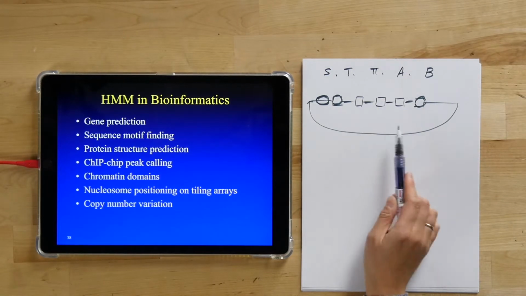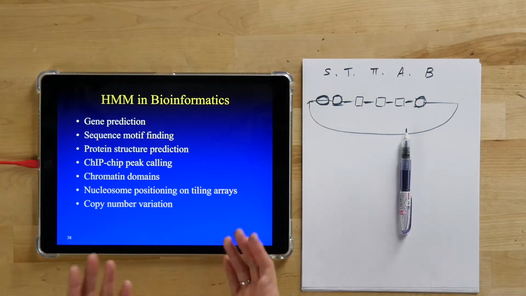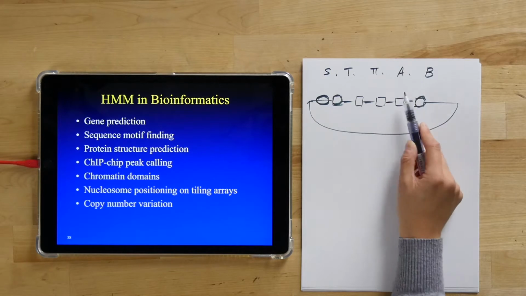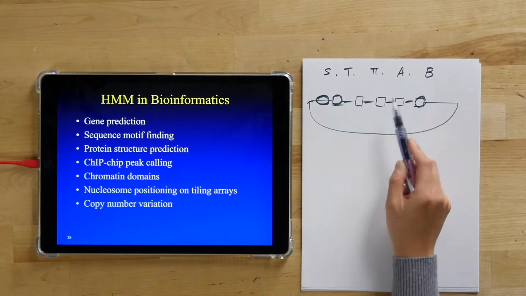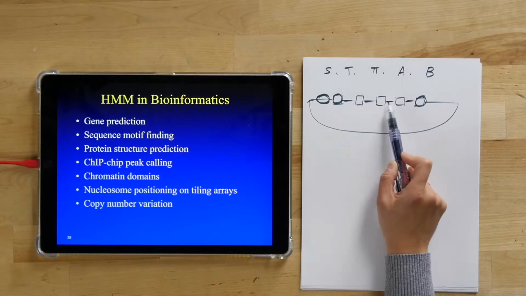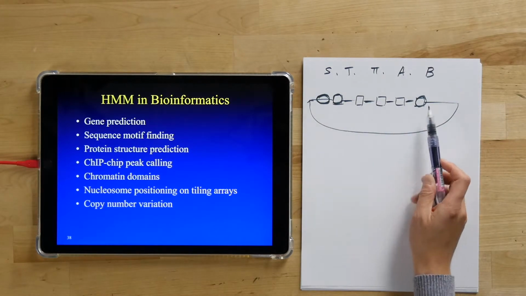The initial probability is, you look at some genome and ask what is the probability that, say, the human genome has 2% coding exon. That's your initial probability. Your transition is, from one base, if I'm on an intron, what is the chance the next base is an intron versus exon or intergenic sequence, right?